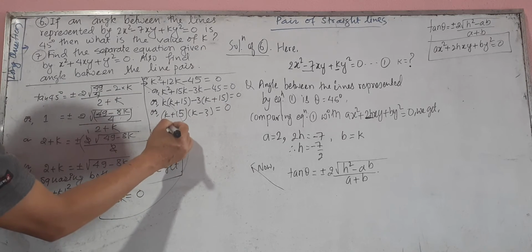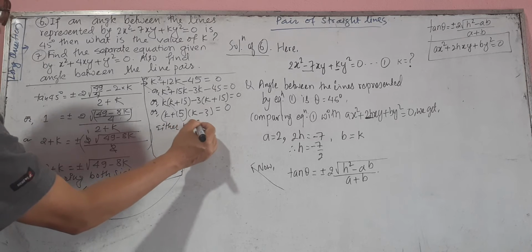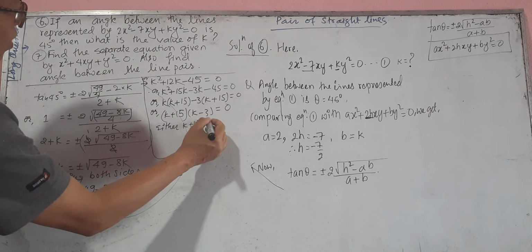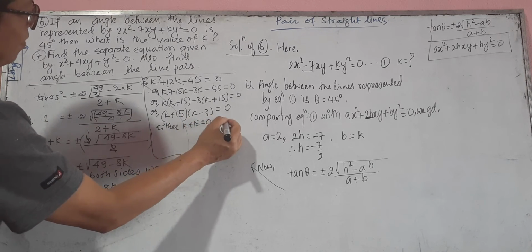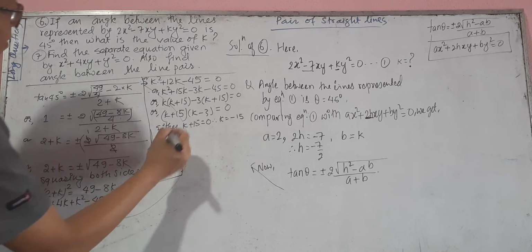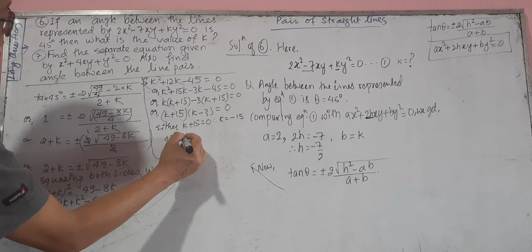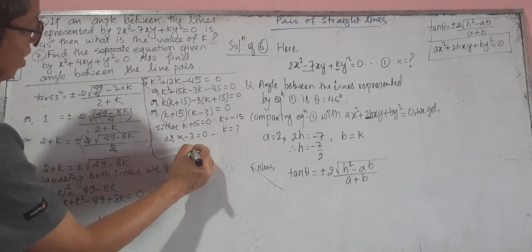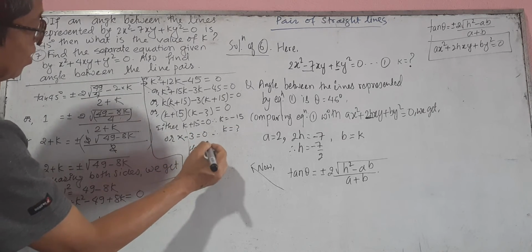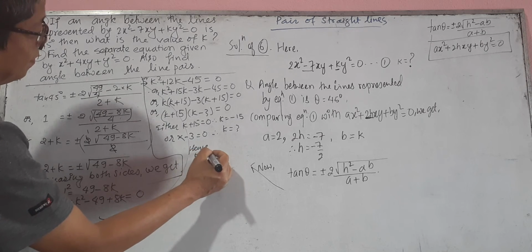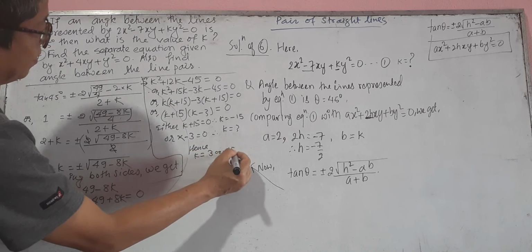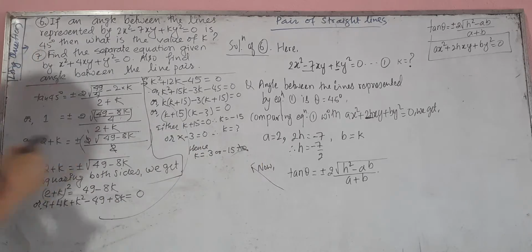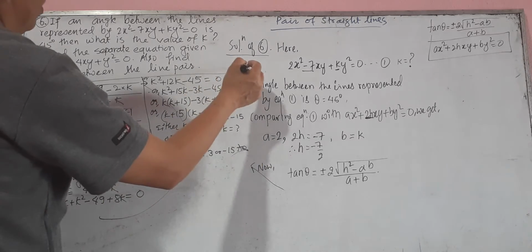So we have two relations: either k plus 15 equal to 0, therefore the value of k is minus 15, or k minus 3 equal to 0, therefore the value of k is 3. Hence k equal to 3 or minus 15. This is the final answer of the solution.